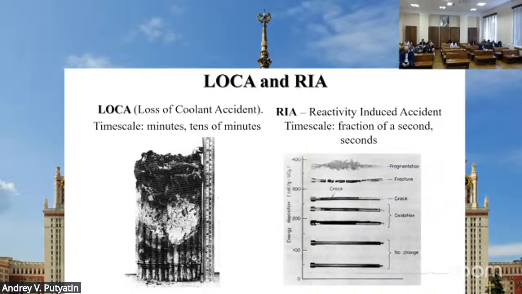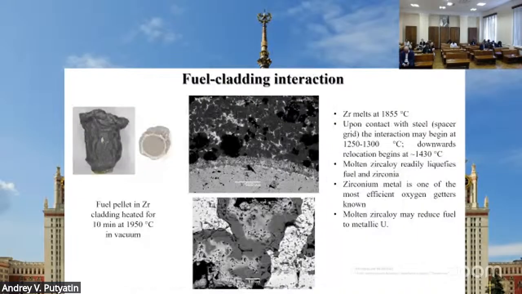Fuel can even be melted during reactivity-induced accidents. These very small pieces of fuel start to react with a coolant, and of course, we have a steam explosion. If you start to model fuel cladding interaction, you can model it in many ways. Of course, you need high temperatures. You can play a lot with the atmosphere.